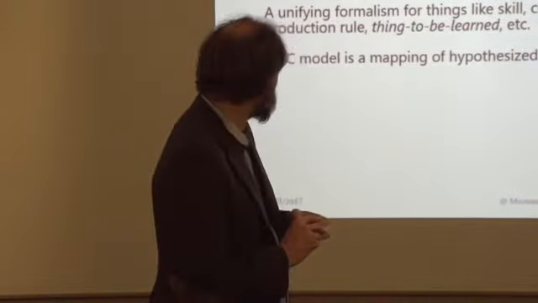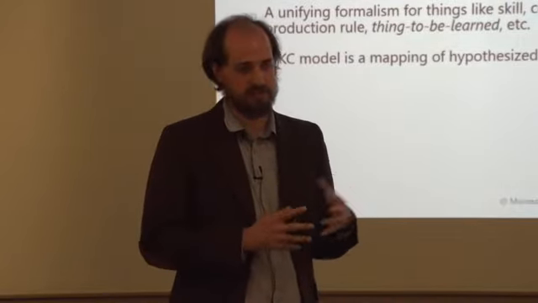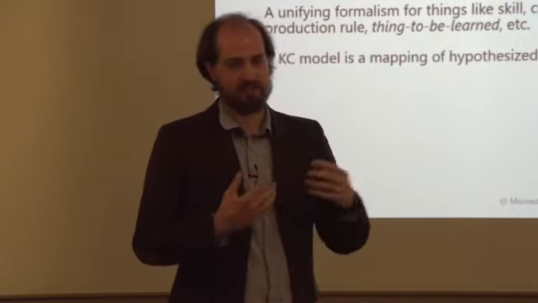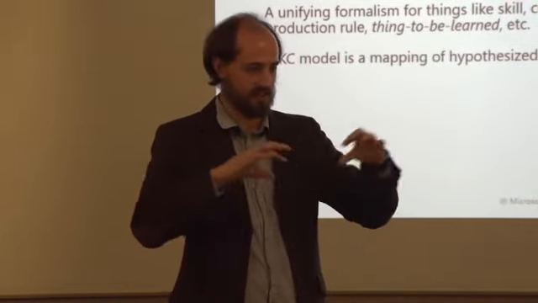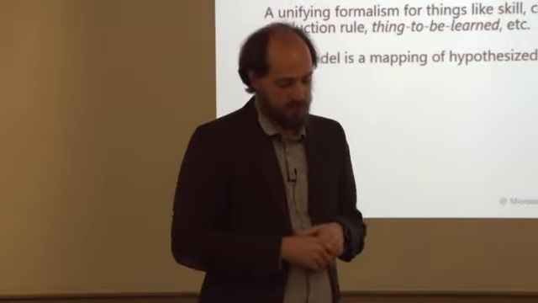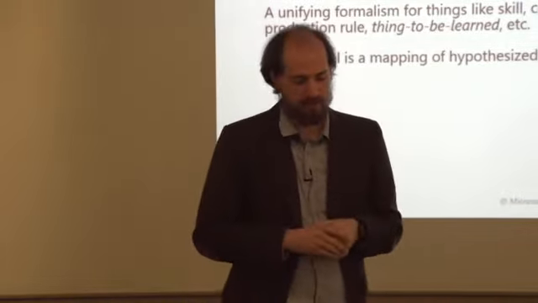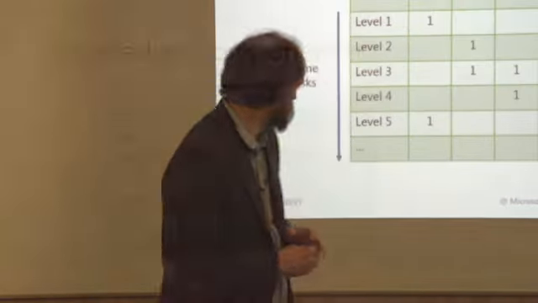But what knowledge components, or KCs, are intended for is to be a unifying formalism for things like skill, fact, ontology, schema, production rule, a thing that can capture a bunch of different ways of talking about knowledge and learning. A KC model is a mapping between hypothesized KCs and game tasks or levels. So you could have a model that looks like this.